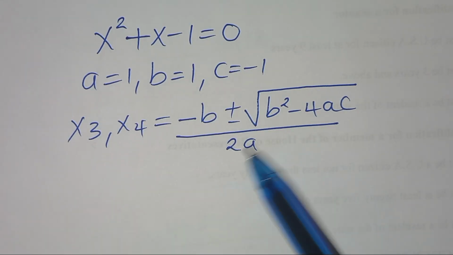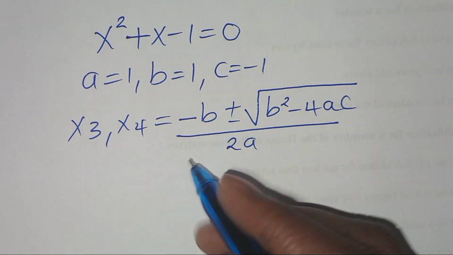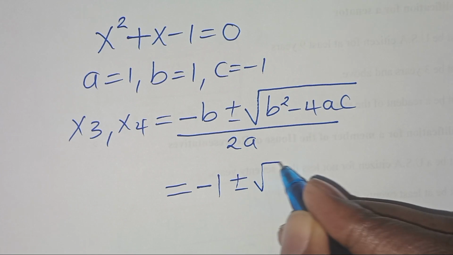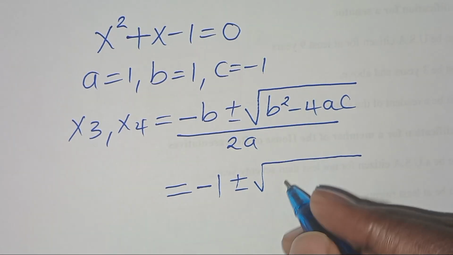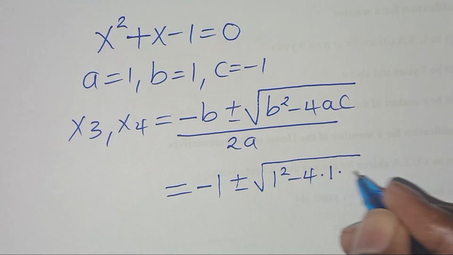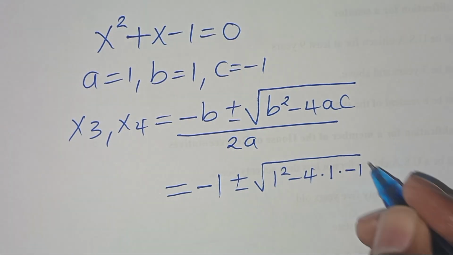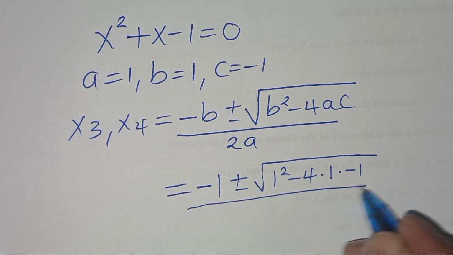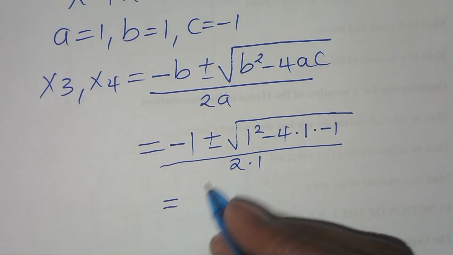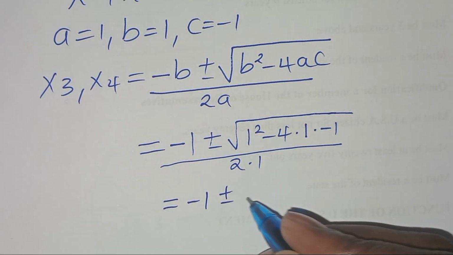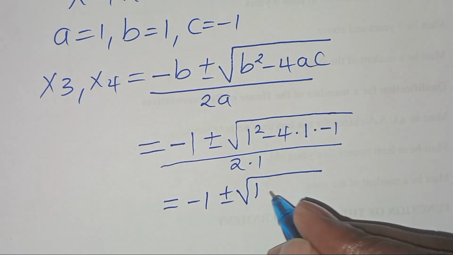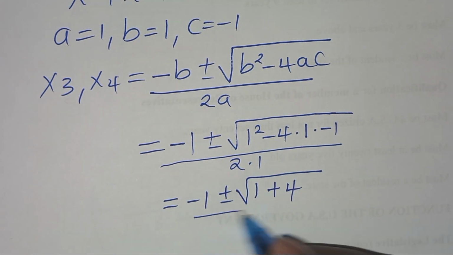So substituting the values of a, b, and c, here we'll have minus 1 plus or minus the square root of b squared, which is 1 squared, minus 4 times a, which is 1, times c, which is minus 1, all this divided by 2 times 1. So here we have minus 1 plus or minus the square root of 1 squared, which is 1, minus 4 times minus 1, this is plus 4, then divided by 2.